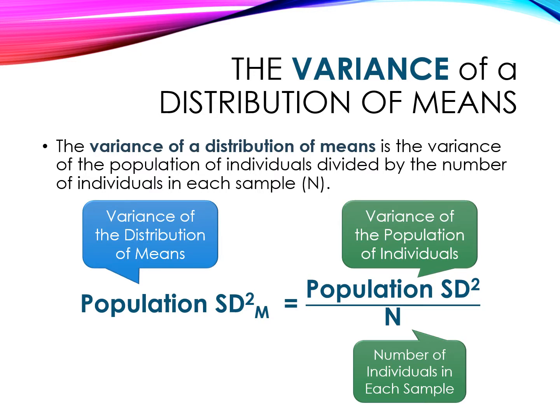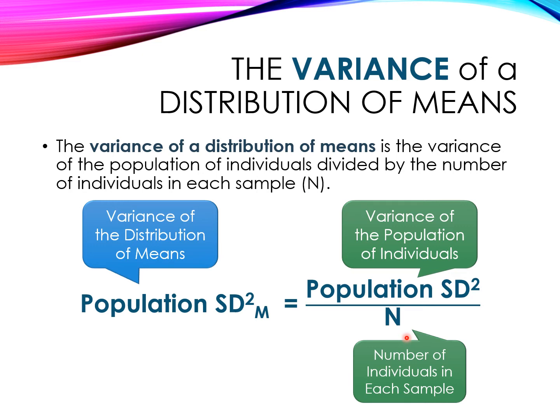Okay, now what about the variance of a distribution of means? So variance, remember variance is SD squared, right? So the population variance of a distribution of means is equal to the population variance of the individuals, the variance of the population of individuals, divided by the number of individuals in each sample. Now remember that the number of individuals in the sample is the same.